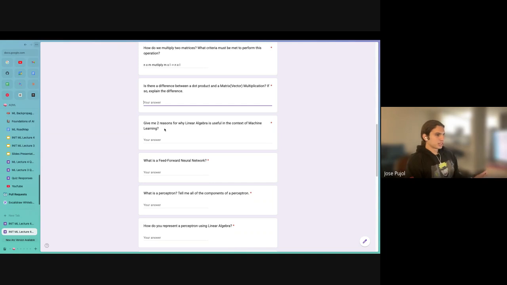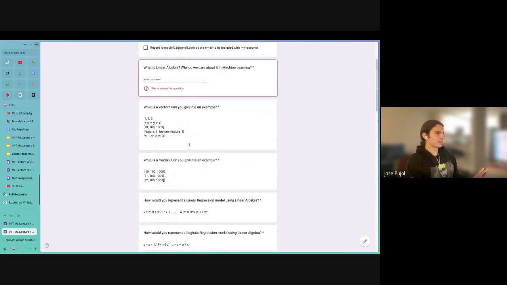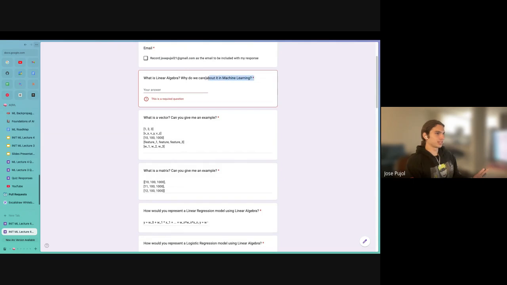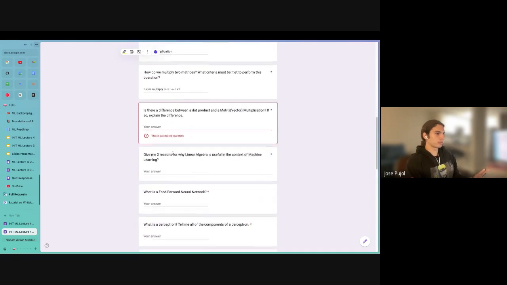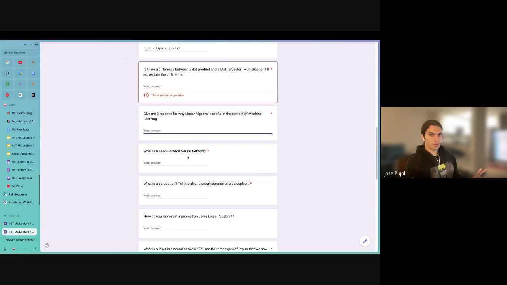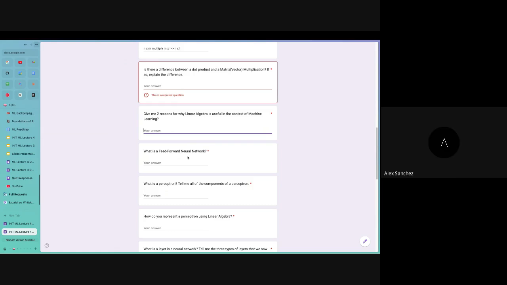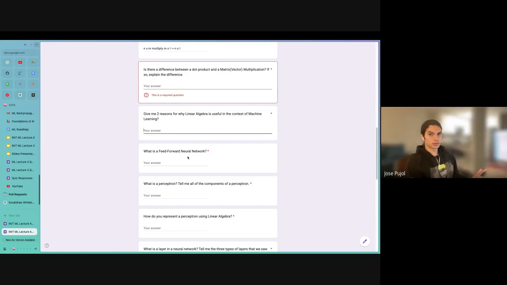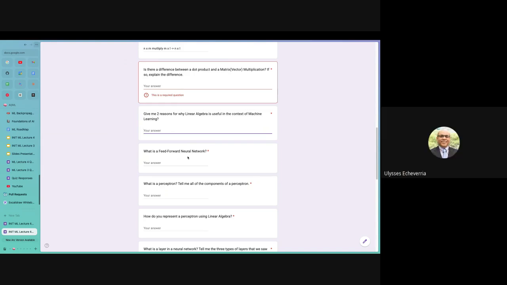Give me two reasons why linear algebra is useful in the context of machine learning. I elaborated on this a little bit earlier. Who can remember? Someone tell me one thing and someone else tell me another thing. Efficiency. Yes, exactly. With regards to the parallelism, yes, that's parallelism, which is why it would be efficient.